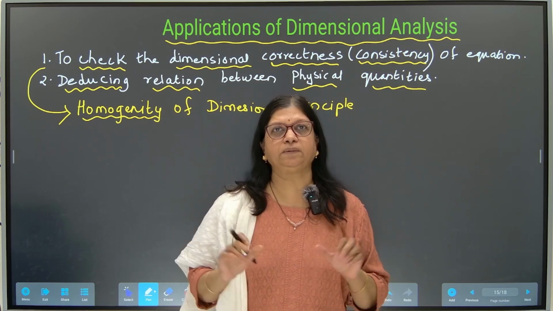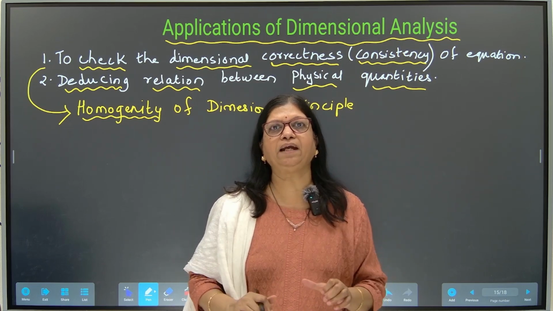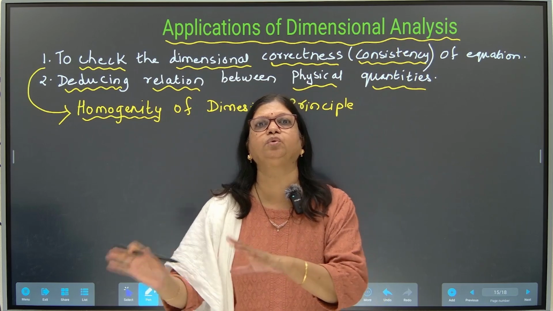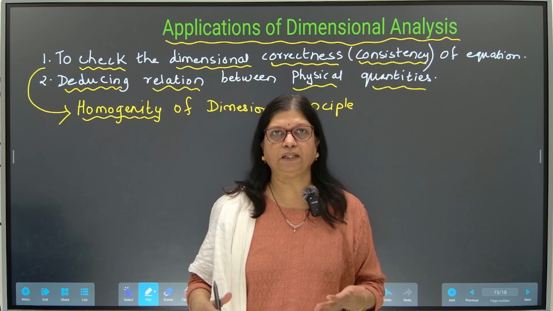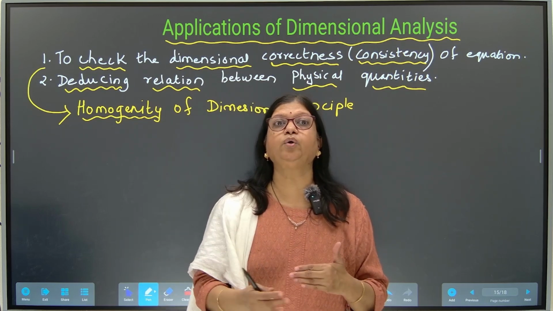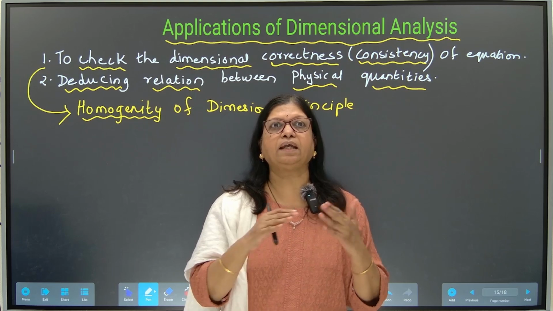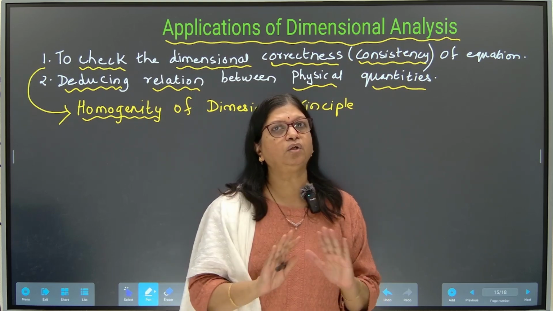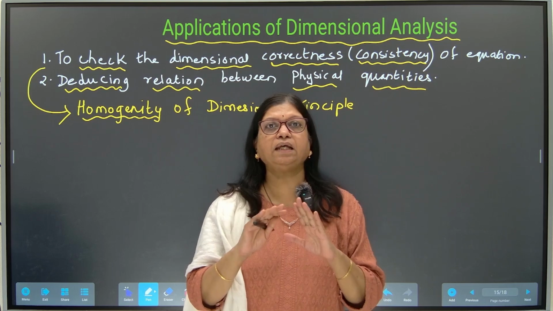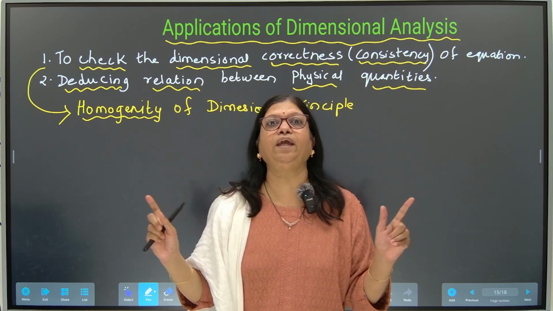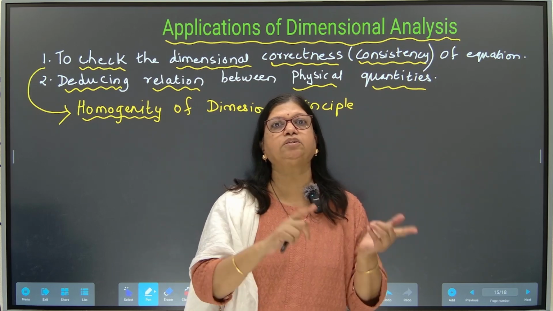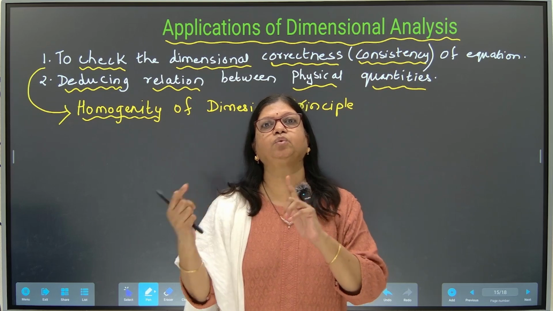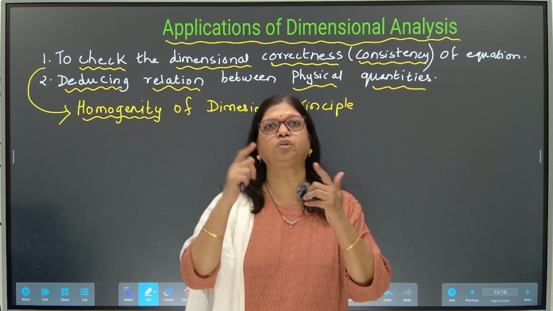That is not possible. I cannot add mass to time or length to time. That is not possible. Same thing I cannot do with subtraction. I cannot subtract mass with length or length with time. Not possible. I cannot equate mass to time, length to time, length to current.